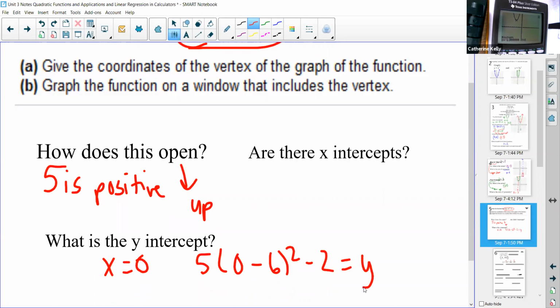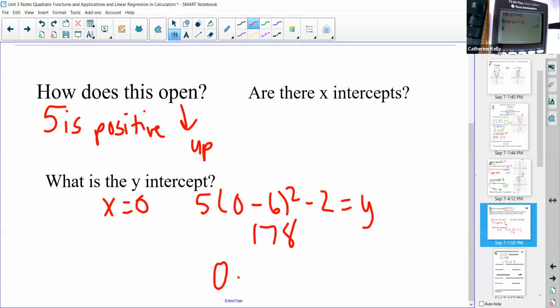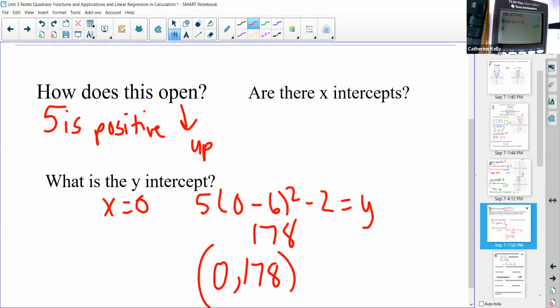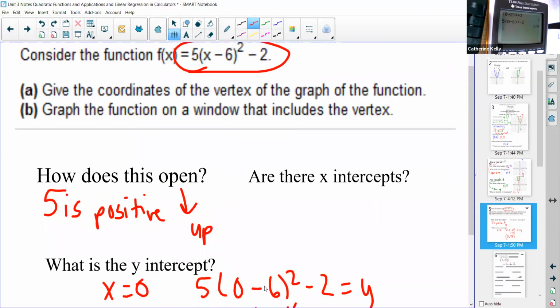So if we go second quit in our calculator and we put exactly what's in there, 5 parentheses 0 minus 6 parentheses squared minus 2, then our y value is 178. Wow. So it's going to cross the y-axis at 0, comma 178. We don't have to graph that part of it, but we'll know now that our window has to go up to 200 maybe, right?